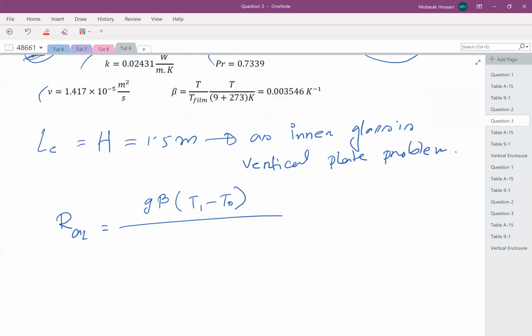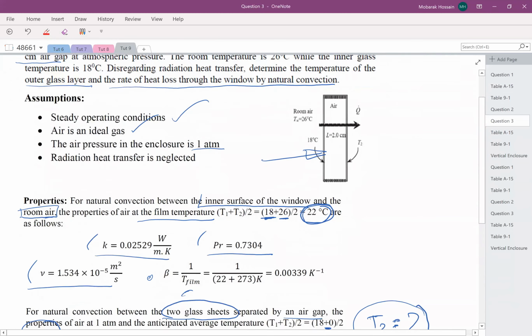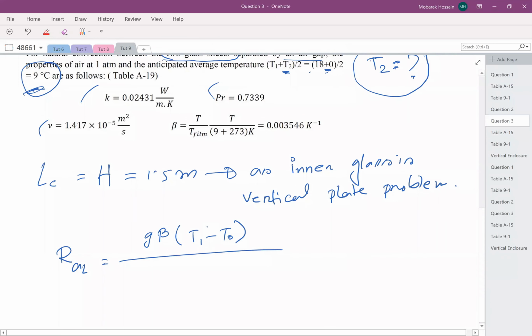So g, beta, room temperature minus inner surface temperature, then height to the power of cube, and viscosity squared, then the Prandtl number.